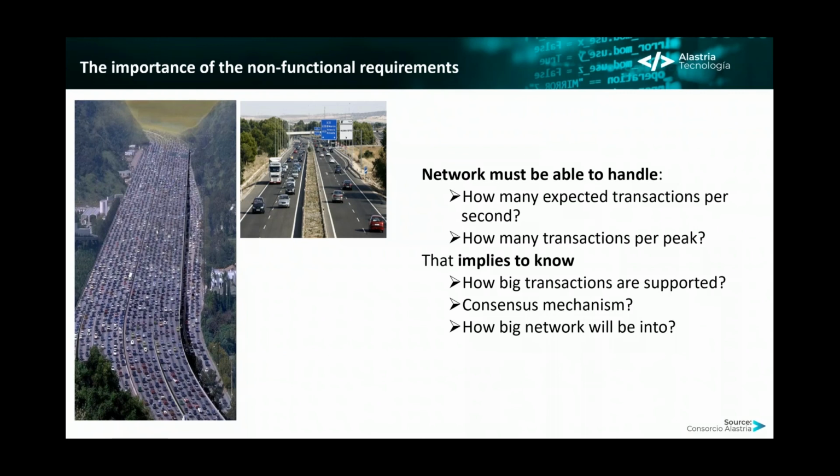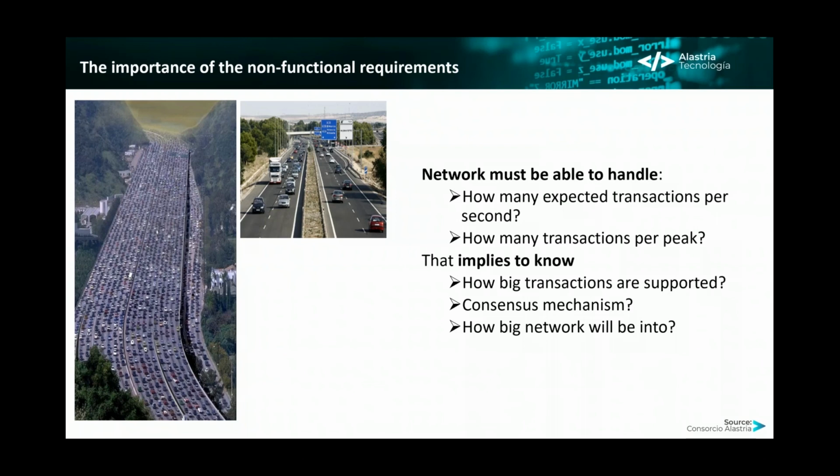And finally, how big the network will be where you are going to deploy your system, because if your system doesn't need a big network, because it's a private network that you need to build for your use case, for your factory with some of the little shops that are providing deliverables to them, maybe you are not required to put your system in very big networks like Ethereum or Bitcoin.